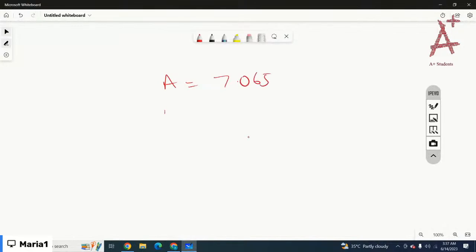Okay, we know that the area is pi r square divided by 4 equals 7.065. Just multiply by 4 on both sides. So let's just do the calculation. 7.065 times 4, that would be 28.26. So pi r square, pi is multiplying r square, divide by pi on the other side.